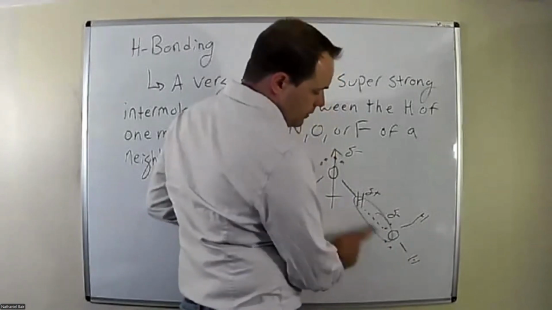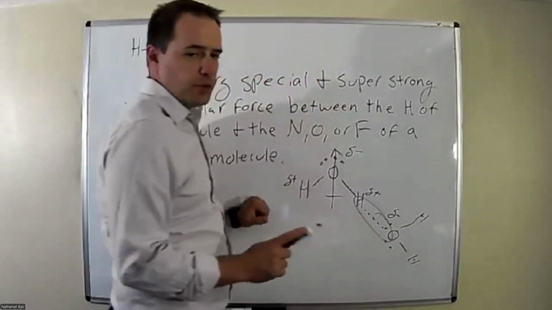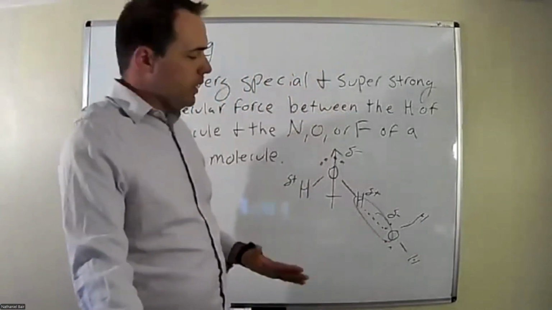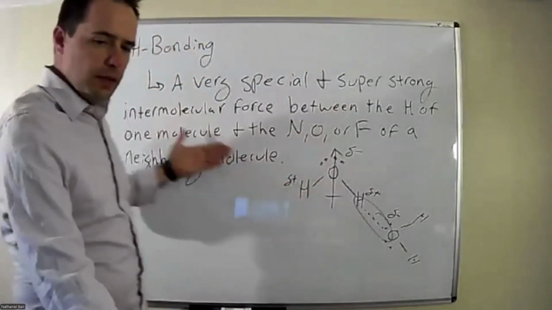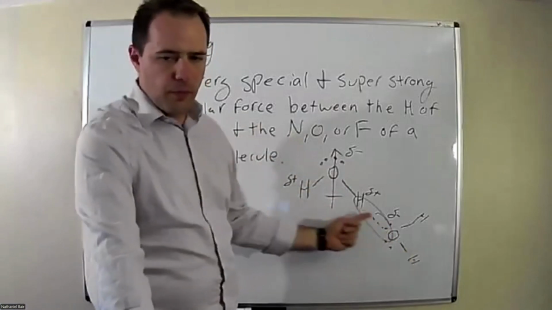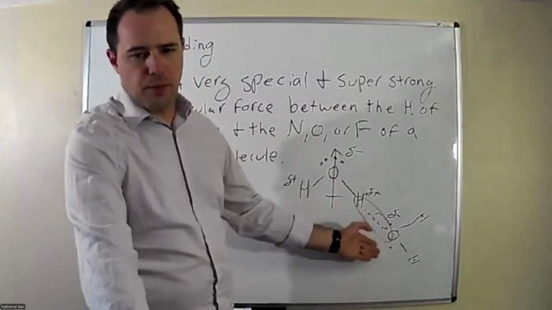When you have a hydrogen interacting with a nitrogen, oxygen, or fluorine of a neighboring molecule, you have the potential to have a hydrogen bond. There's going to be one other caveat we're going to put in here in a moment, but you're not ready for it. But just notice how this satisfies the definition that we just talked about. We have a hydrogen interacting with a neighboring nitrogen, oxygen, or fluorine. That's a hydrogen bond.